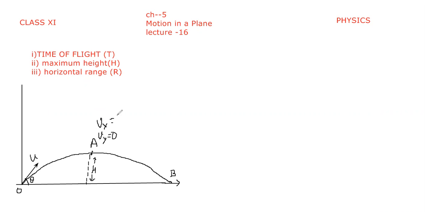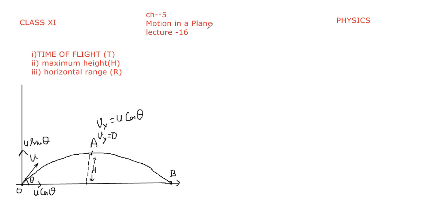At the initial point, if we take components, this component is u cos theta because it is adjacent to theta, and this component is u sin theta.